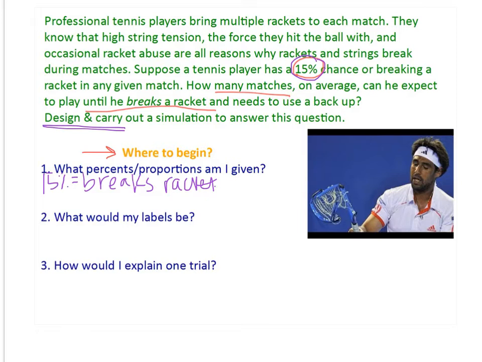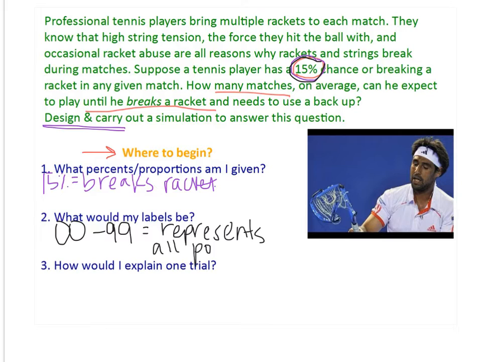Step 2 says, what would my labels be? We'll talk more about labels and how we develop them as we go through more problems today and in class. But if I'm modeling a percent, my labels are going to be 00 to 99. It represents all possible outcomes.